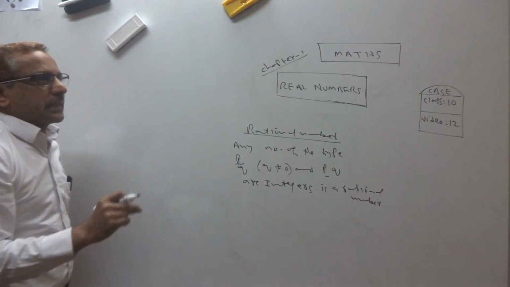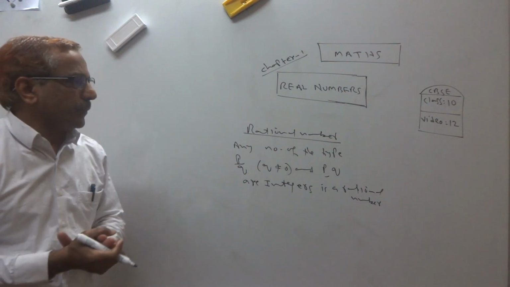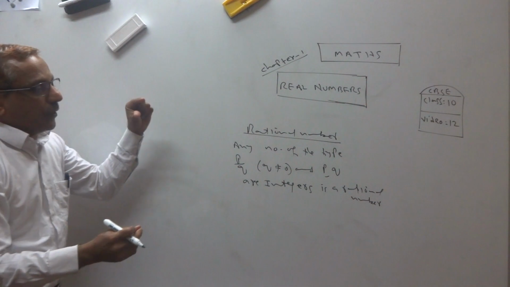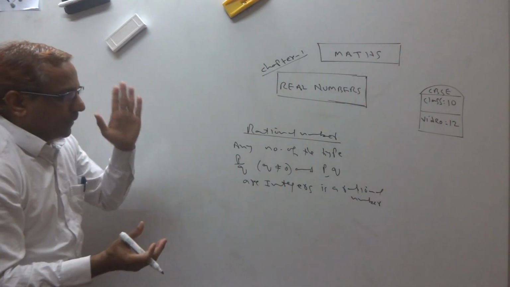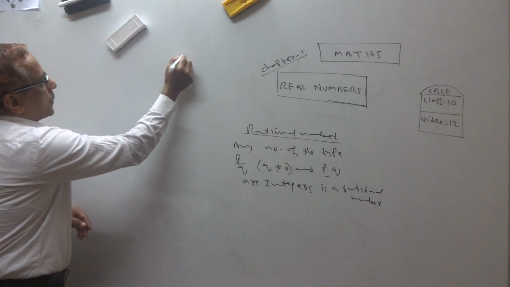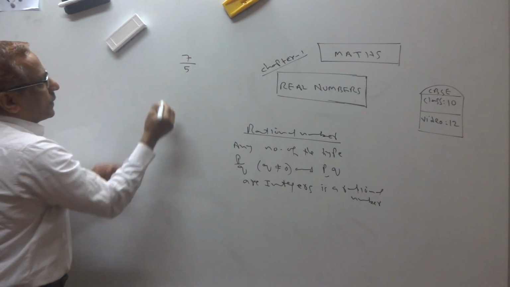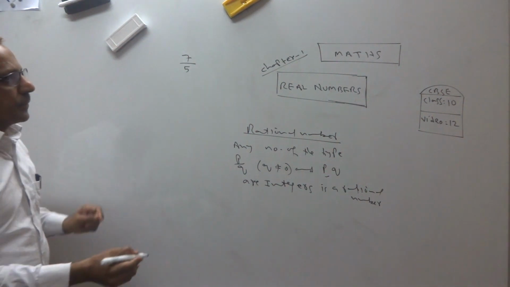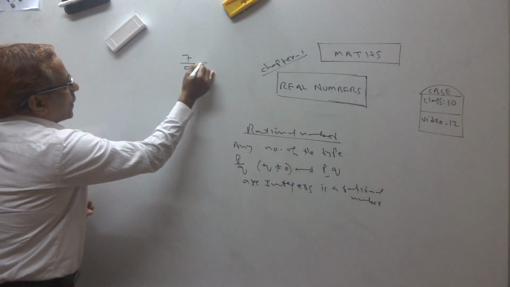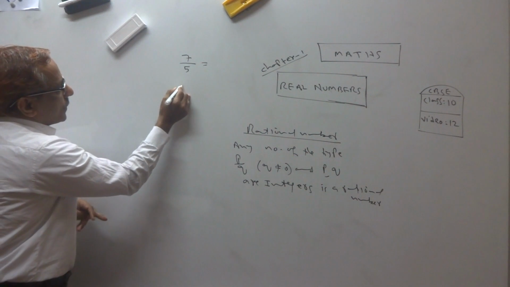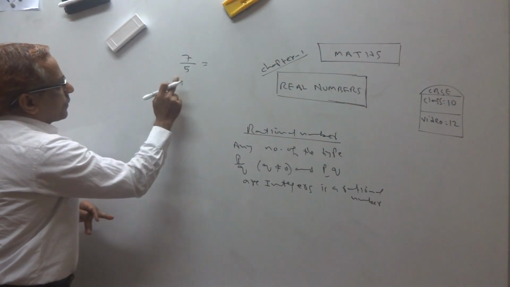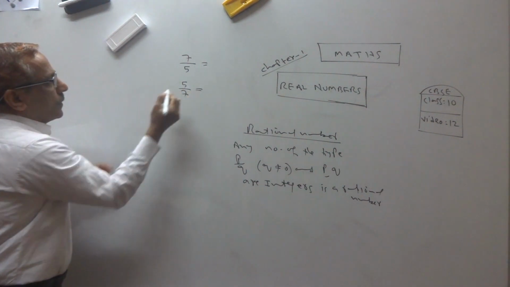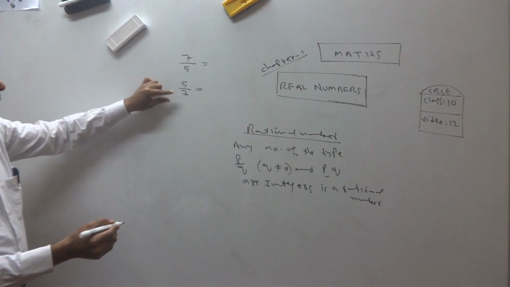In this fourth exercise, we talk about the decimal form of a rational number. Suppose 7 by 5 is there, then what is its decimal expansion? I show you two cases here. Please see both the cases. This is a rational number, this is a rational number.